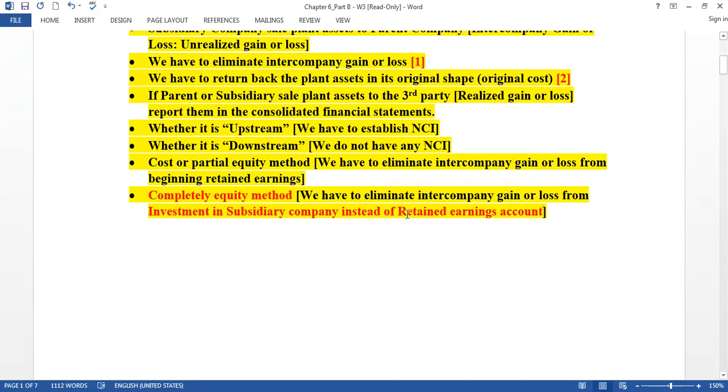So instead of the retained earnings account, everything is similar. We do not write retained earnings, we only write investment in subsidiary. You remember this, right? If it is the complete equity method, everything is similar. Just one account title is different.